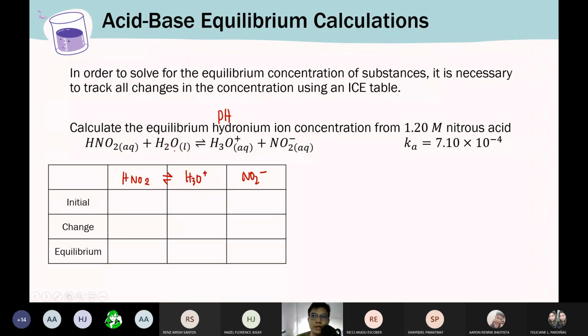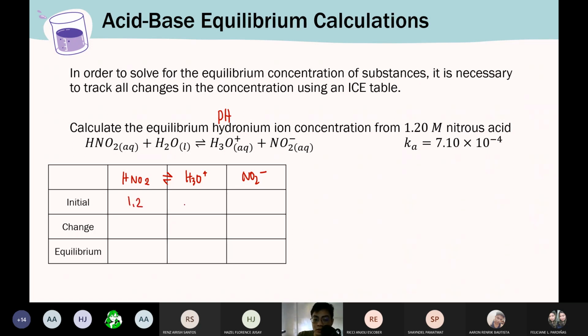And then ano pa yung mga sinabi ko in the lecture. Initial, kung ano yung sinabi sa problem, ilalagay mo siya sa table. Sabi dito, we have 1.2 molar nitrous acid, so the concentration of HNO2 is 1.2 initially.